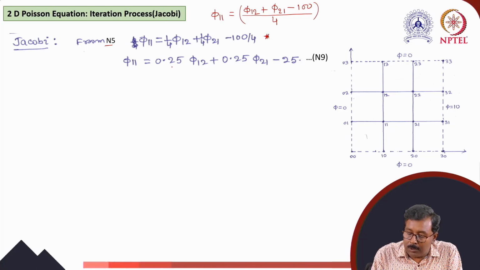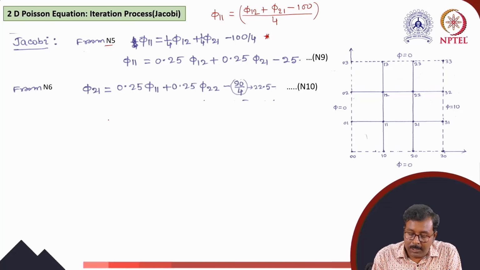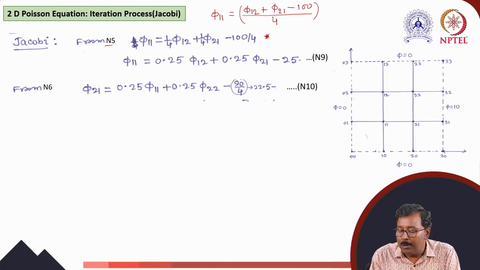So phi 1 1 is 0.25 phi 1 2 plus 0.25 phi 2 1 minus 25. Again, for the next node, from the N6 equation, this is for node 2 1. So we represent phi 2 1 in terms of other node values. In the same way, it is 0.25 phi 1 1 plus 0.25 phi 2 2 minus 90 by 4, which is 22.5.